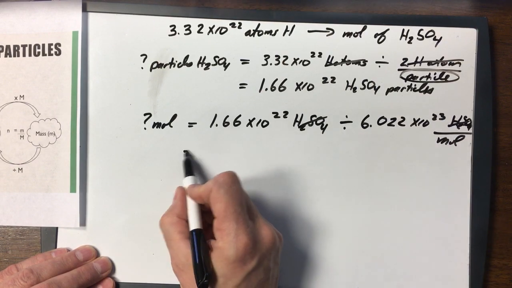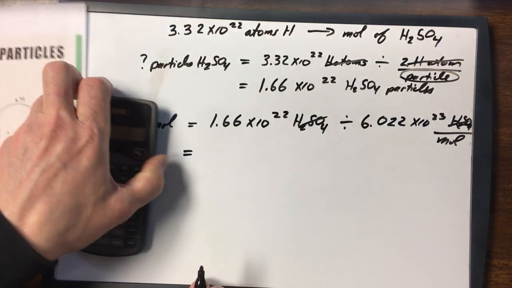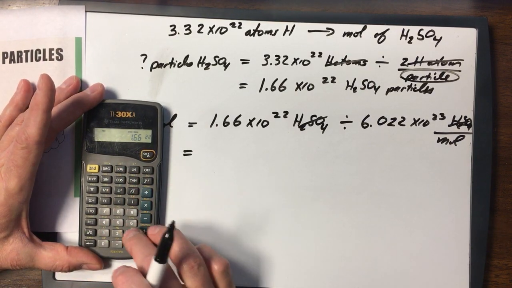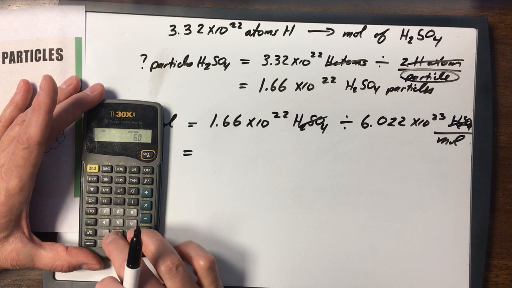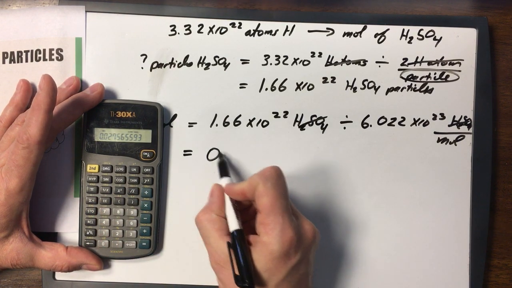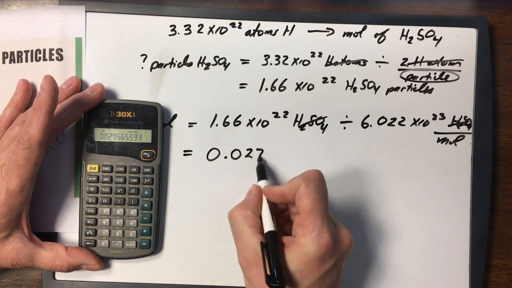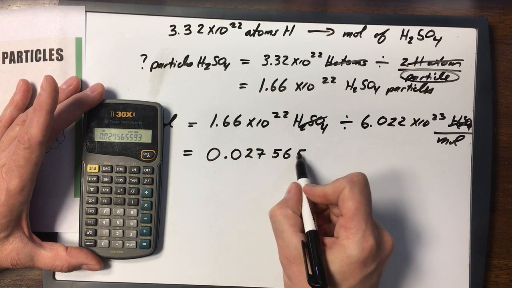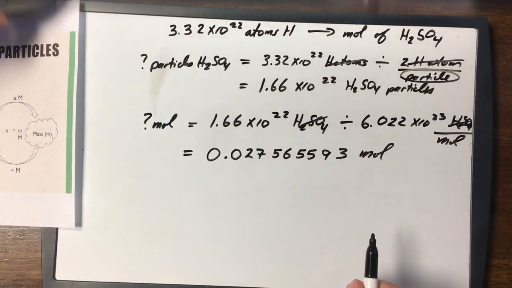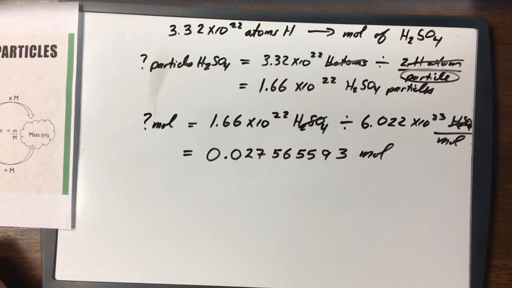Those are going to cancel. We're going to be left with moles. 1.66 times 10 to the power of 22 divided by 6.022 times 10 to the power of 23 is equal to 0.027565593 moles. Once again, way too many significant figures.